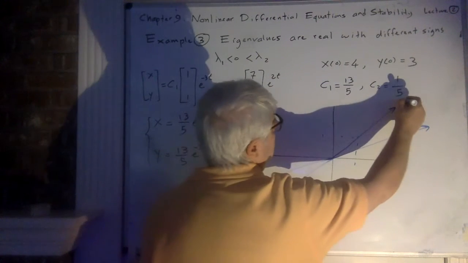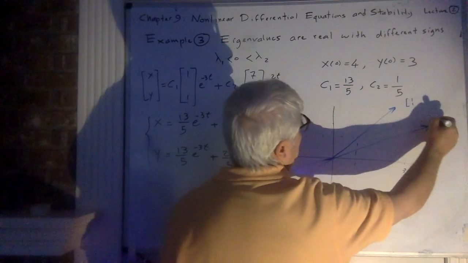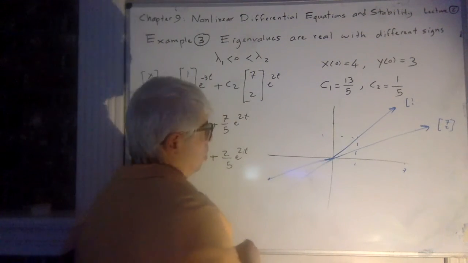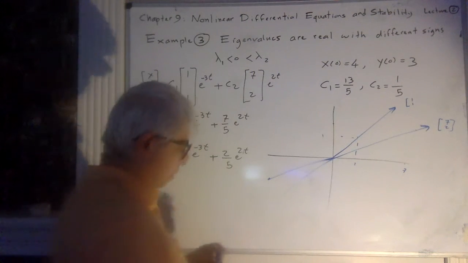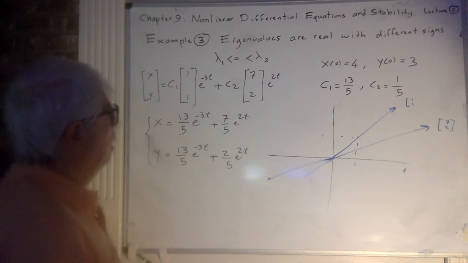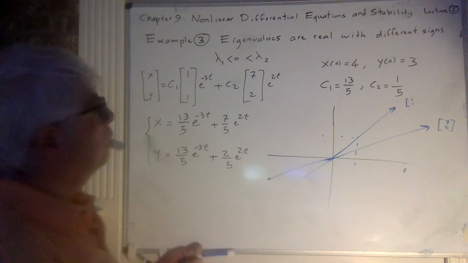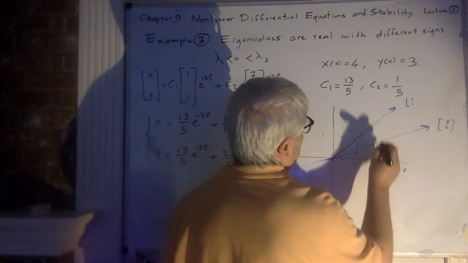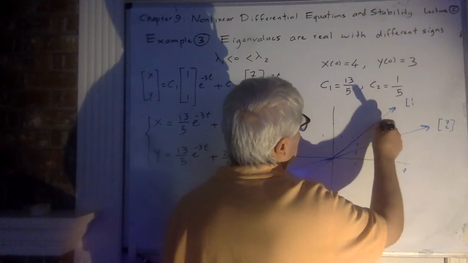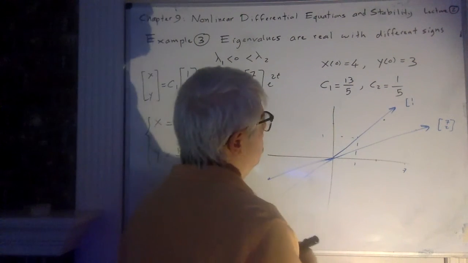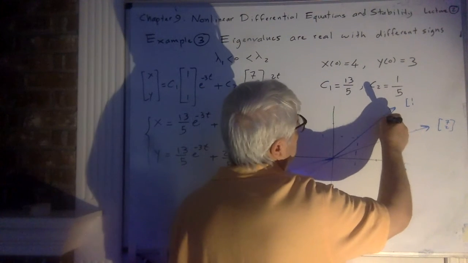This vector is direction 1, 1, and this one is 7, 2. And it starts at point 4, 3, somewhere here. And it's interesting, as time passes, it goes like this.